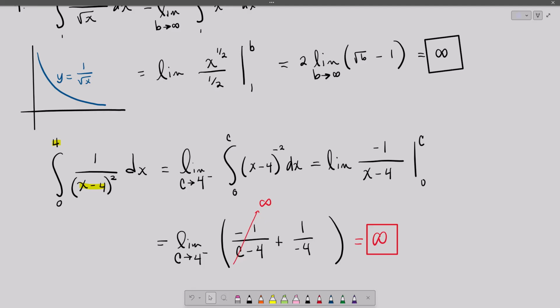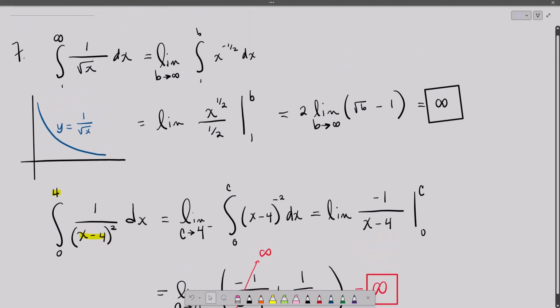But if we're dealing with a vertically unbounded region, to get convergence, the power in the denominator has to be less than 1. So for vertical convergence, less than 1. Right? Horizontal convergence, greater than 1. So we had that summary slide when we were doing these improper integrals. Okay, so that one is also going to diverge.